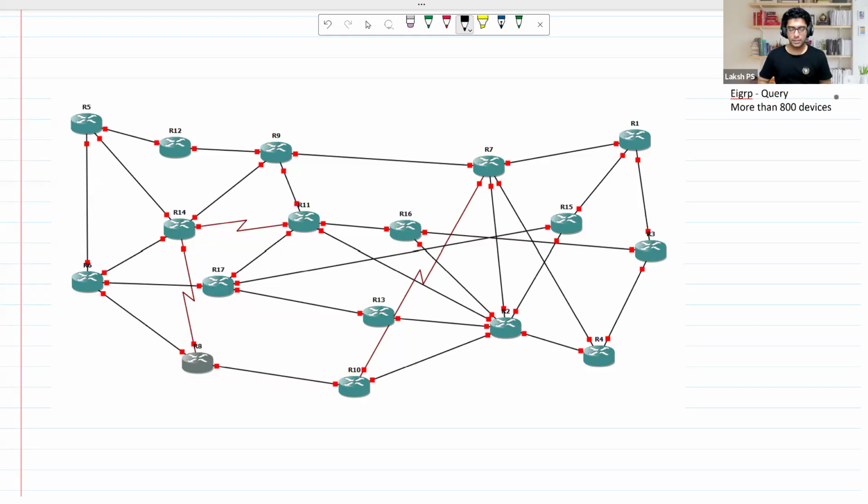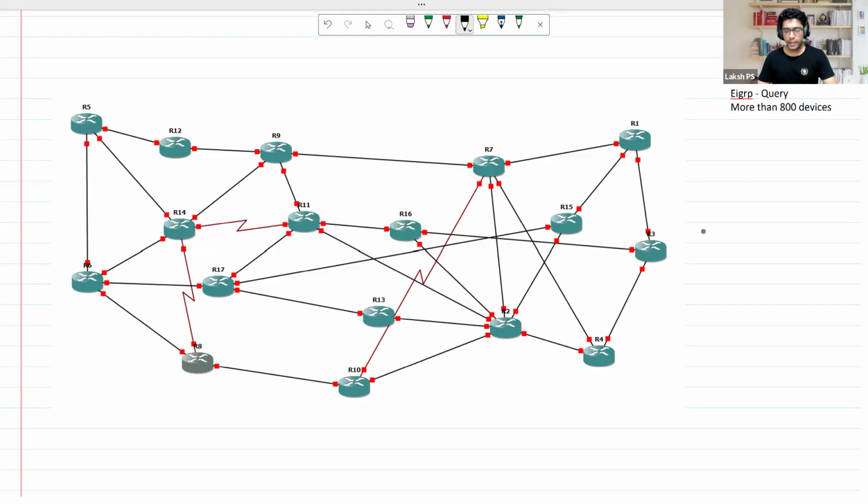OSPF, ISIS, EIGRP, RIP, they all are IGP protocols, internal gateway protocols. So I'm comparing the two most prominent internal gateway protocols, that is EIGRP and OSPF. What is the difference between EIGRP and OSPF, and why is OSPF majorly preferred? Let's try to understand that.